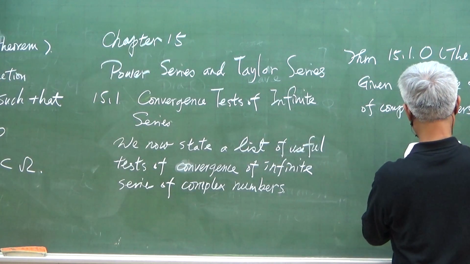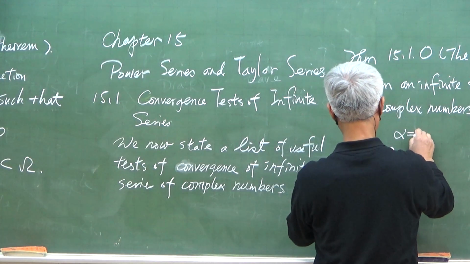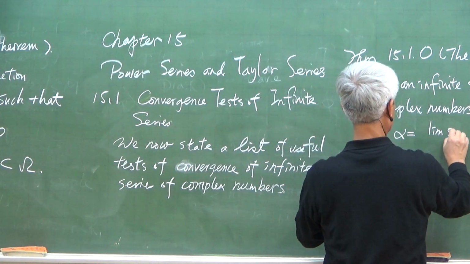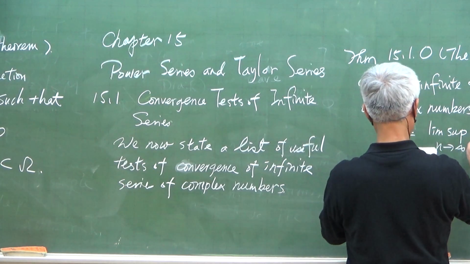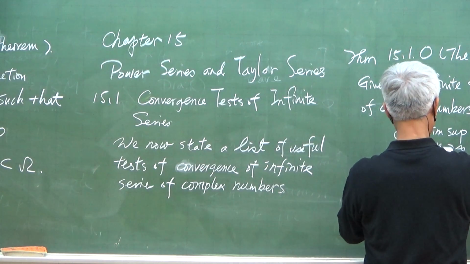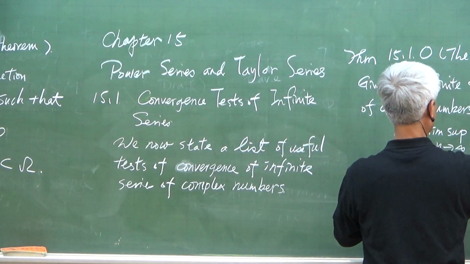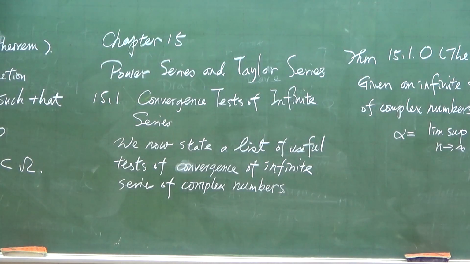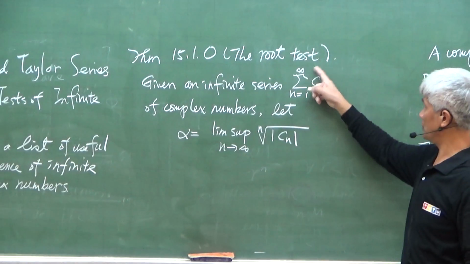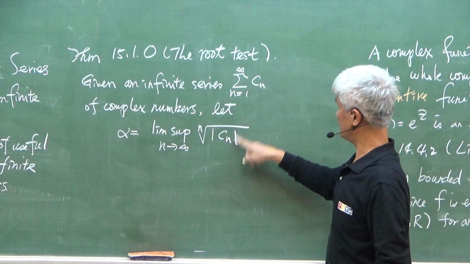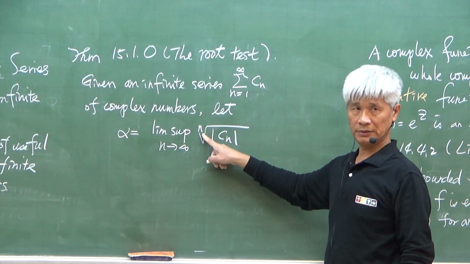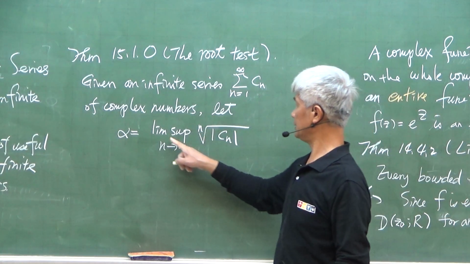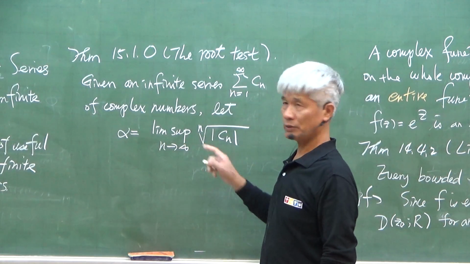We let alpha be the lim sup of the nth root of the absolute value of the nth term; you take the absolute value of the nth term, then the nth root, and then take the lim sup as n goes to infinity.